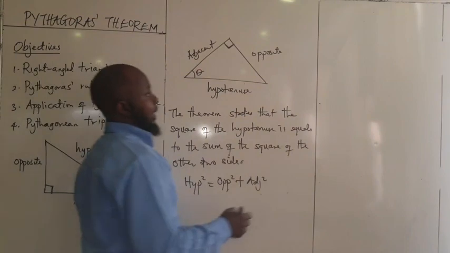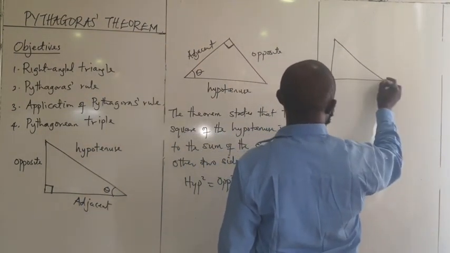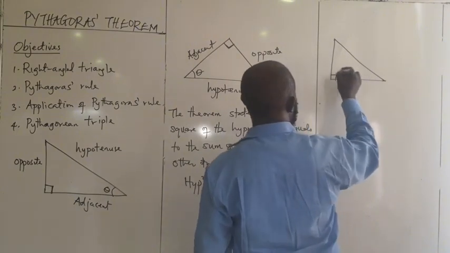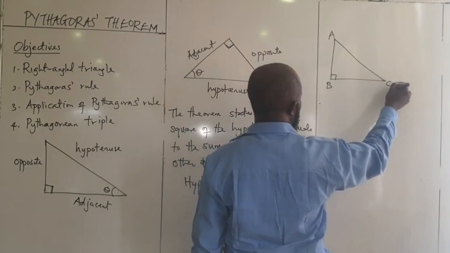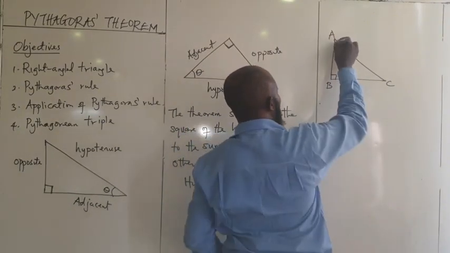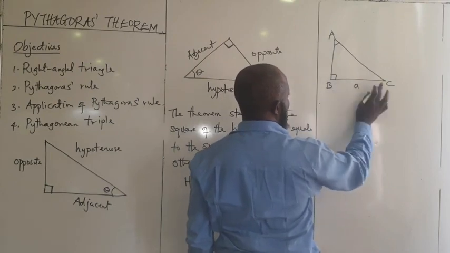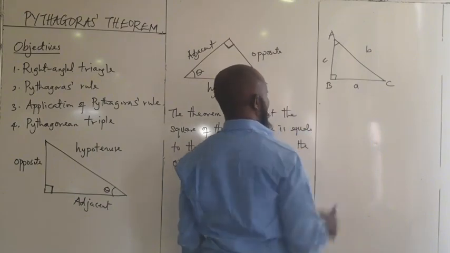So if we have this, we have A, B, C. The small letter a is the side facing angle A. This is small letter b, while this is small letter c.